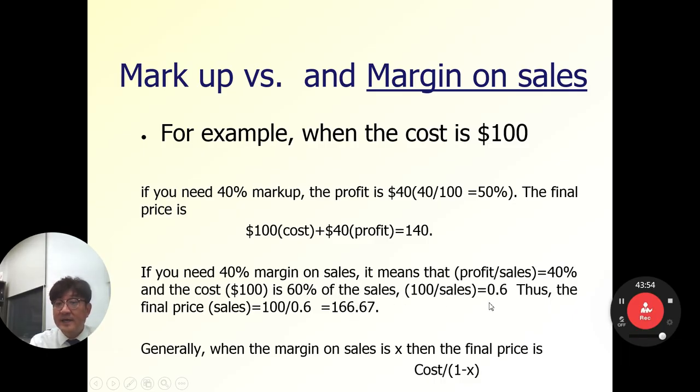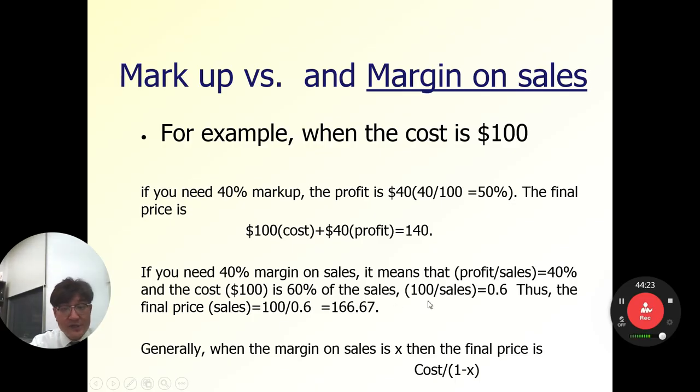So 100 divided by sales is going to be 0.6, 60%. Cost is 100, thus the final price is going to be 100 divided by 0.6, which is 166.67.